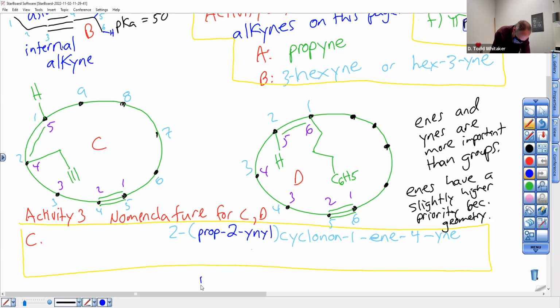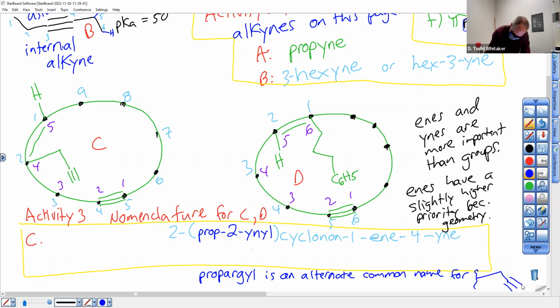If you wrote propargyl, you'd get a big smile from me because that's a group. It's like allyl is an alternate common name for squiggle CH2 triple bond after that.